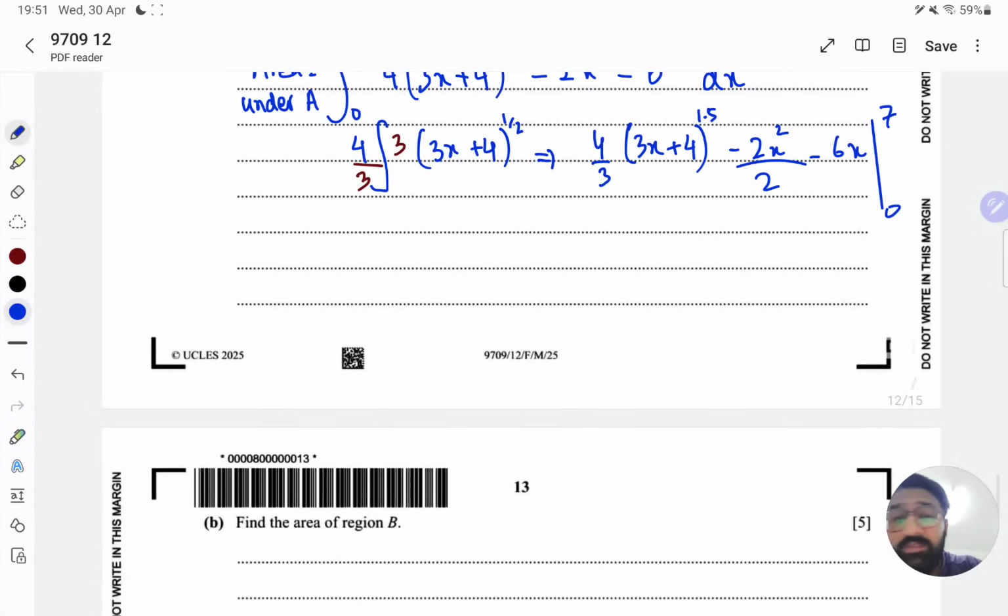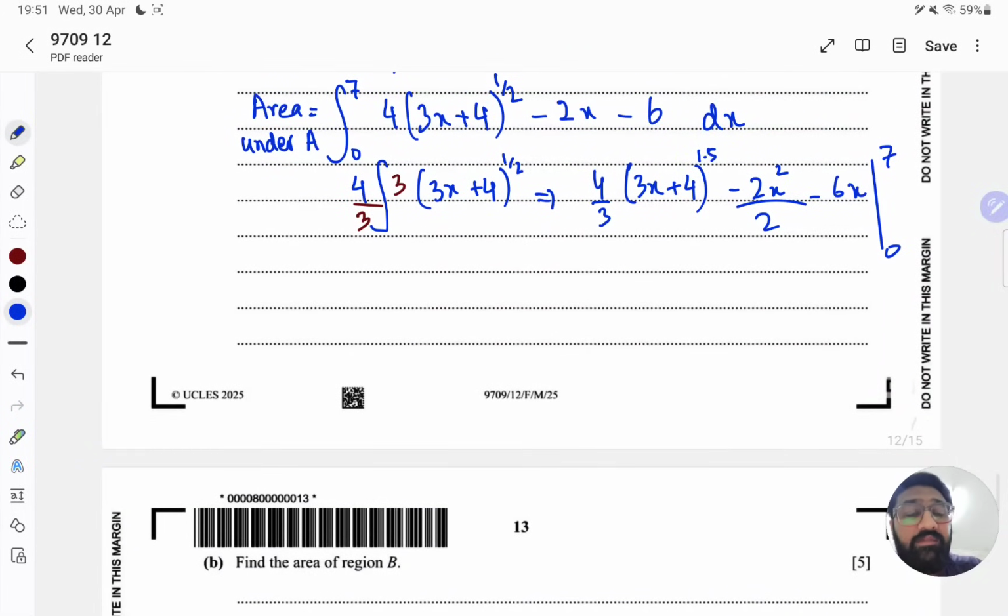So let's substitute from 0 to 7. Remember we also have to divide by 1.5, so we have to do the division by 1.5.